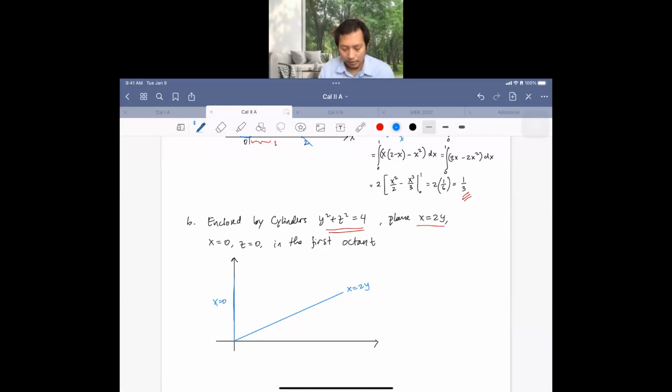And I believe we need to imagine the cylinders. Okay, so if this is y, this is x. The y squared plus z squared, this will have, let me give you some perspective.